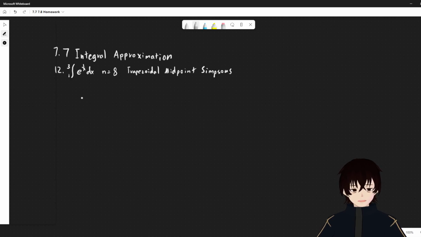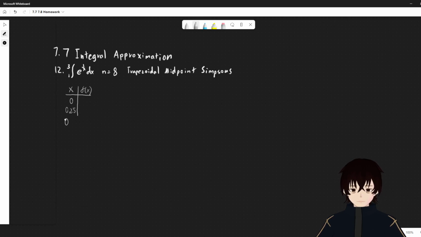Anyways, to make this easy on myself, I would want to probably draw a little chart. This is our x, and over here is f of x. If we want an n of 8, then every step would be 0.25. So we got 0, 0.25.